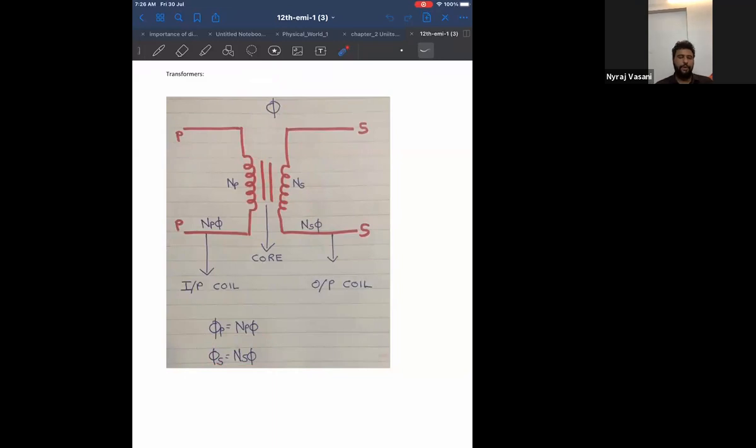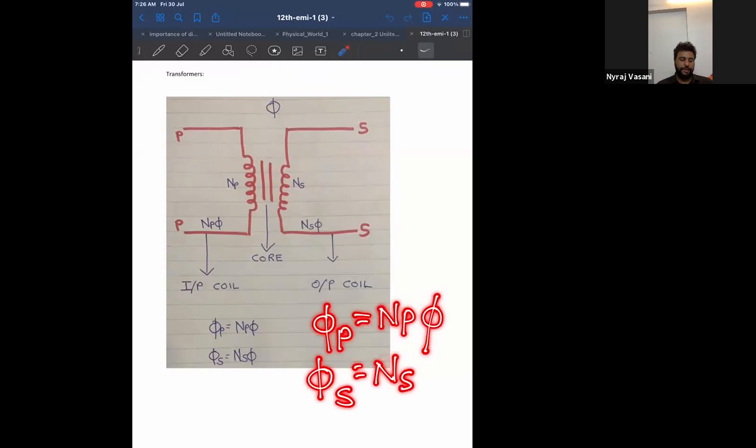Look at the screen. Total flux of the entire system is phi. Therefore, total flux of the primary will be number of turns in the primary into total flux. Similarly, total flux in the secondary will be number of turns in the secondary into total flux.